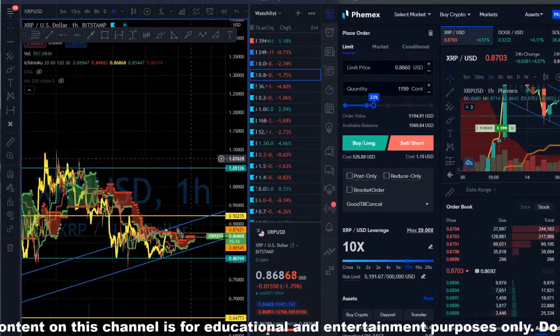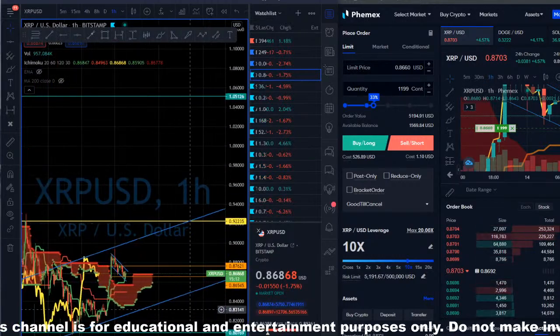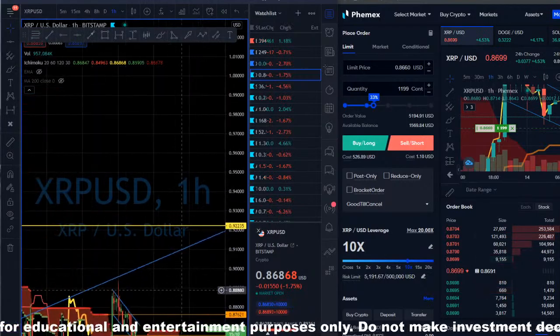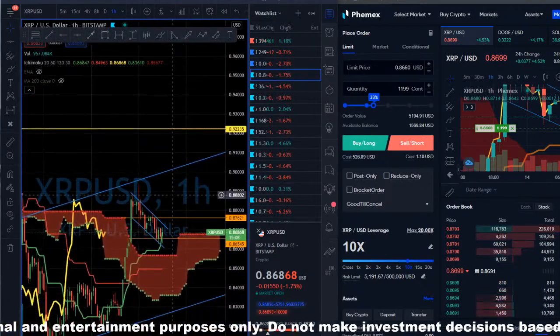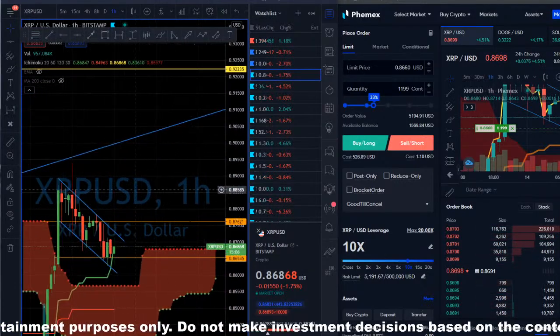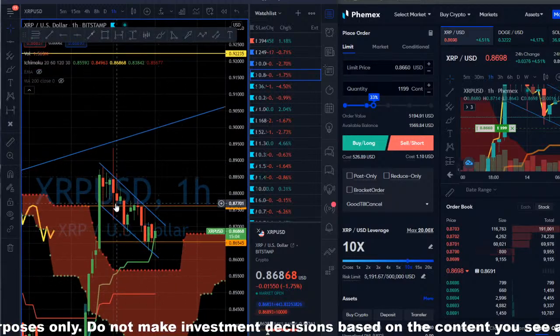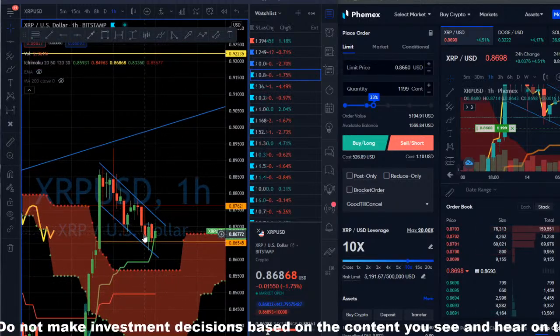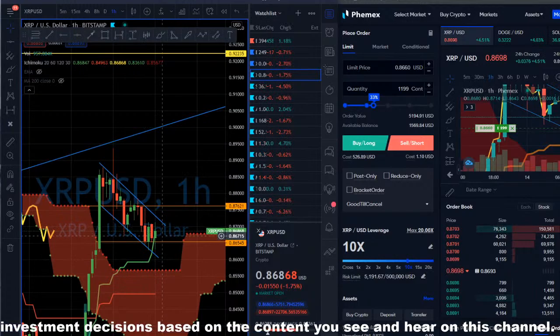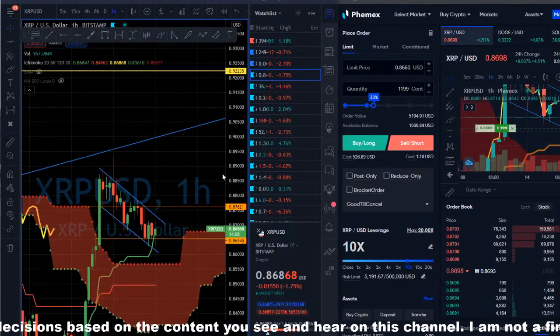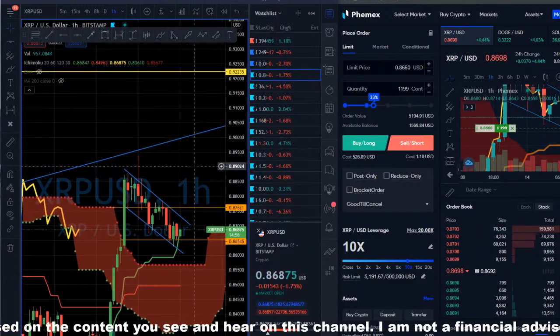I'm not saying all the things I say about XRP just to say it. I've seen it happen before, and it will happen again. Plus, the utility of this coin is amazing.